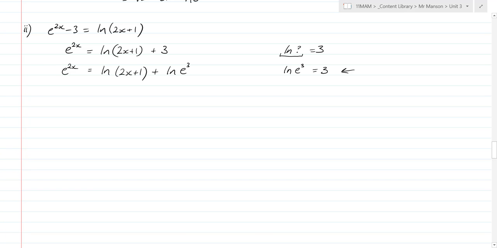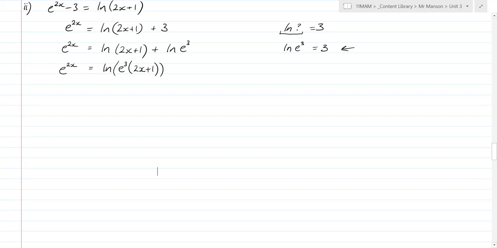And if I bring those together, I get the natural log of e to the 3 times 2x plus 1, that's all inside the log, is equal to e to the power of 2x. So I've got it down to 2 terms, which means I could now rearrange it somewhat, because I get e to the power of 2x equals this stuff here. So I might actually remove the log and see what happens in terms of our exponential function here.